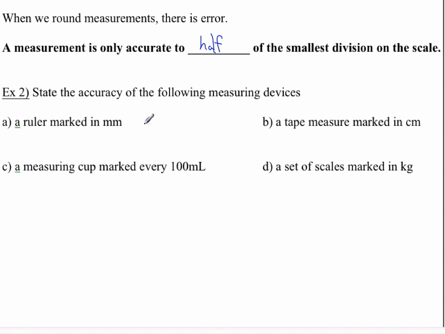So how can we state the accuracy? We could state it as plus or minus 0.5 millimeters, right? When you get your answer, it could be within plus or minus 0.5 millimeters. With a centimeter ruler, your accuracy is plus or minus 1 centimeter.